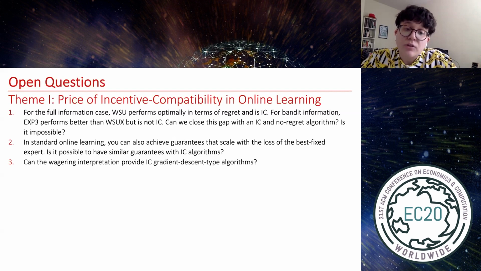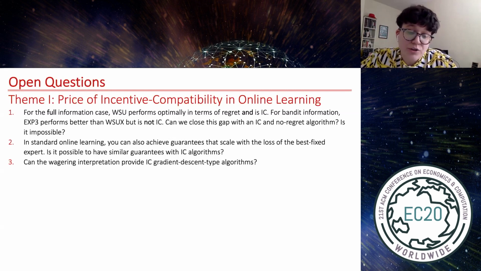In the standard online learning setting, and that was also a question that came up yesterday, Nika touched upon, you can achieve guarantees that scale with the loss of the best fixed expert in hindsight. And we have no idea if that's possible for no regret and incentive compatible algorithms. That would essentially say that instead of scaling with the time, you scale with the loss of the best forecaster.